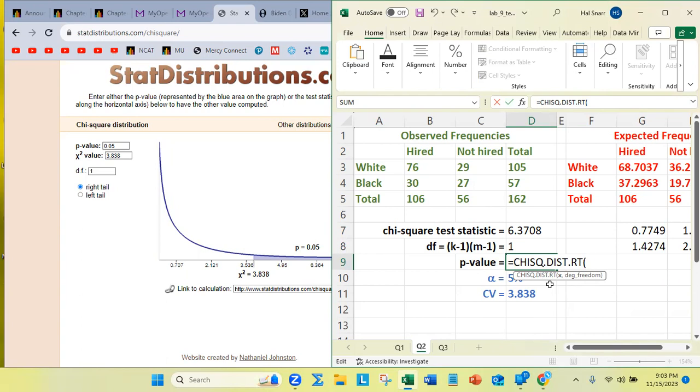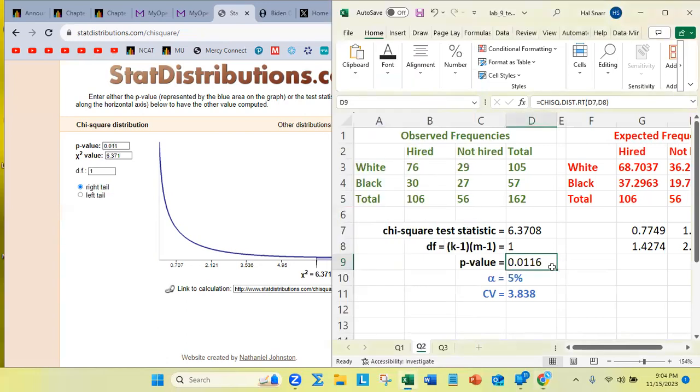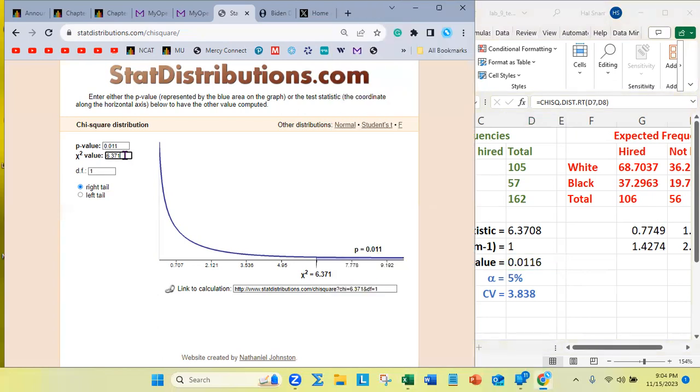So using chi-square.dist.rt, parenthesis, I'm going to click on the number line input, 6.3708. I'm going to do comma, and I'm going to click on degrees of freedom here, 1, and then hit enter. And I get a p-value that is close to what? So if I change this back to the test statistic, 6.371, my p-value, according to statdistributions.com, is 0.011. According to Excel, it's actually 0.0116. Because remember, this is rounded off, right?